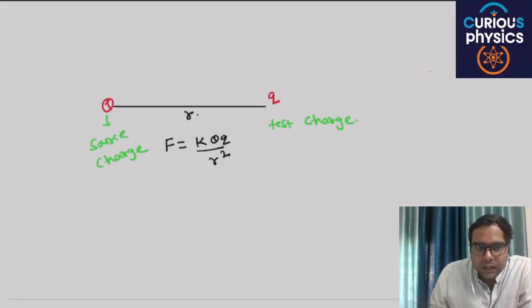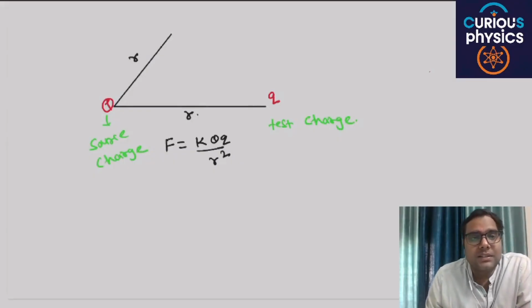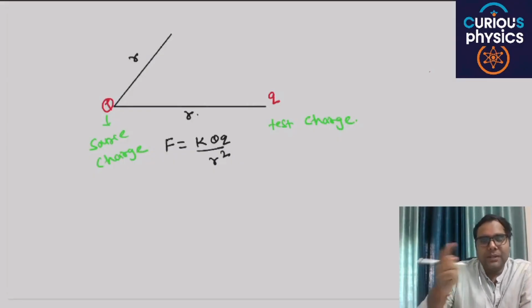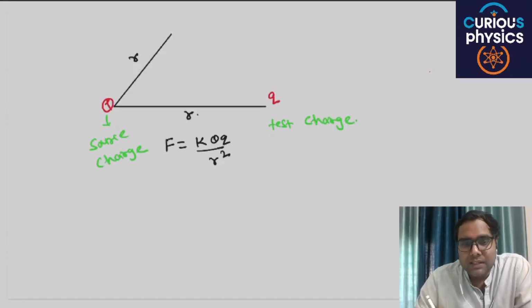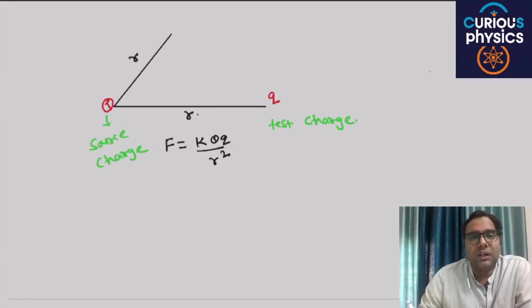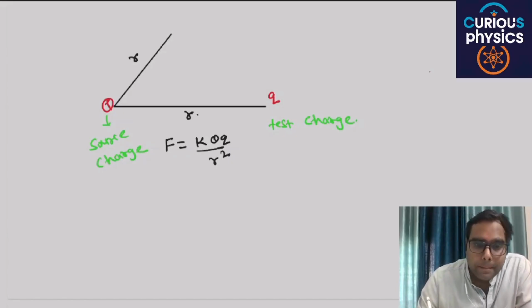But if you place another charge q at a distance r in another direction, then you will experience the same force at the same distance from the larger charge, the source charge.